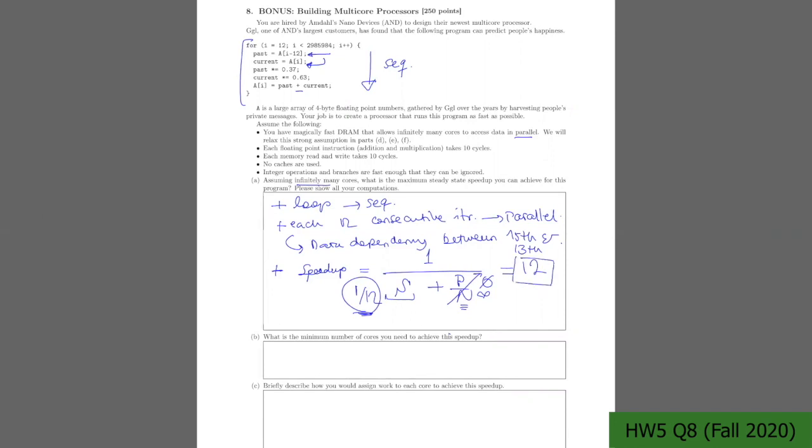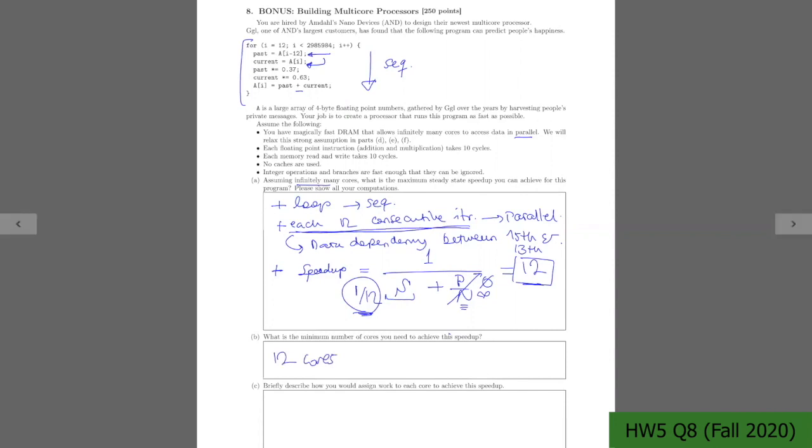For the second part, what is the minimum number of cores you need to achieve this speed up? Since the maximum speed up here is 12, and each 12 consecutive iterations can be executed in parallel and not more, we need 12 cores and not infinitely many.